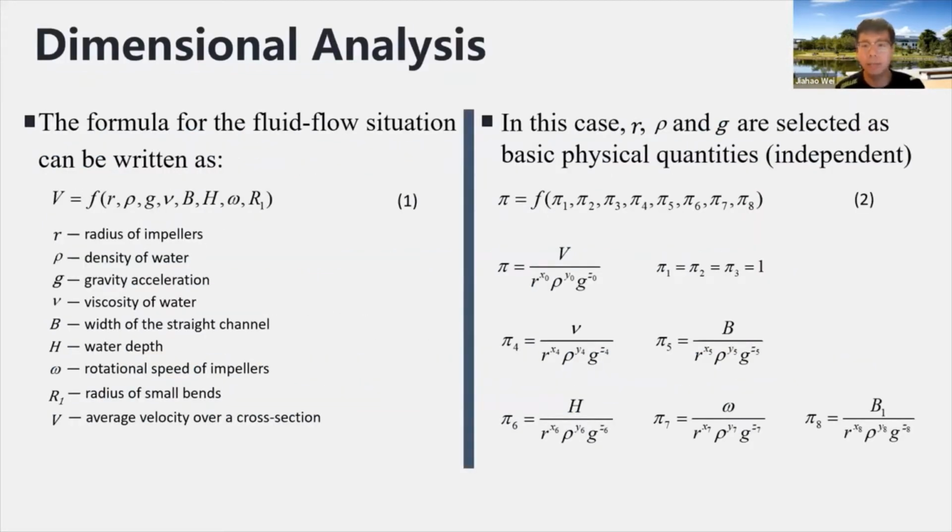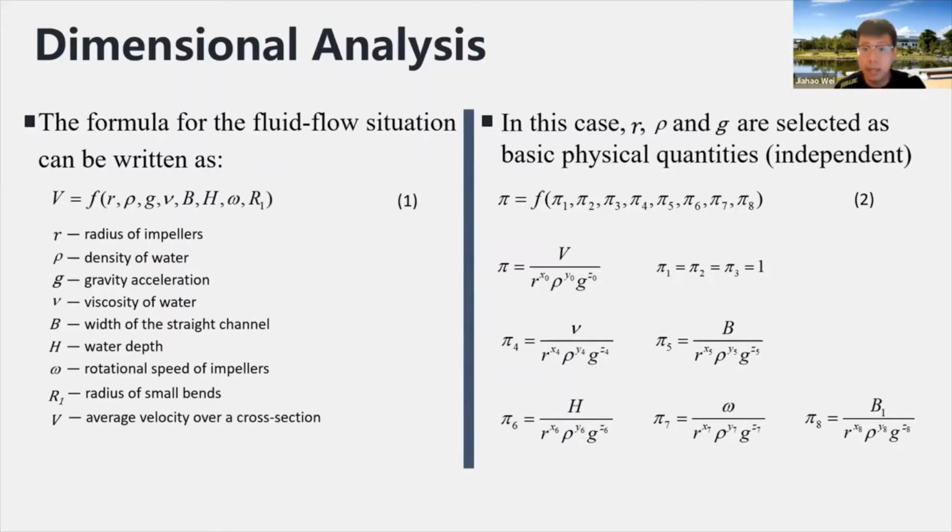Dimensional analysis is a method to deduce the relationship between physical quantities by utilizing the regularity of dimensions. For example, if we know velocity v is a function of r, rho, g, etc., but we don't know the specific relationship between them, then dimensional analysis can be applied to the variables to find a set of pi parameters, which is a set of dimensionless numbers.